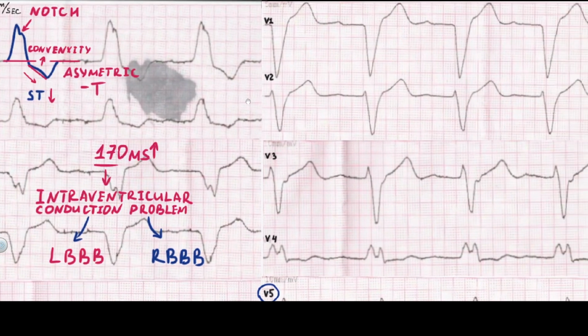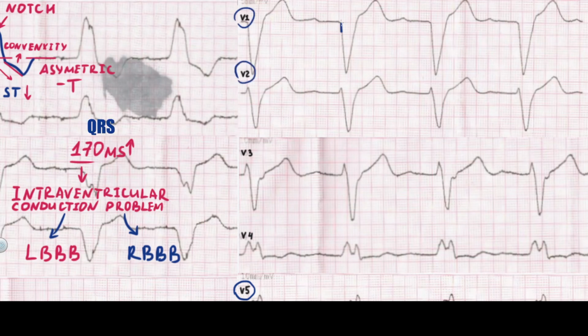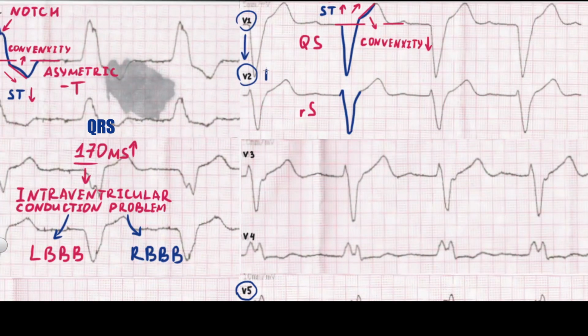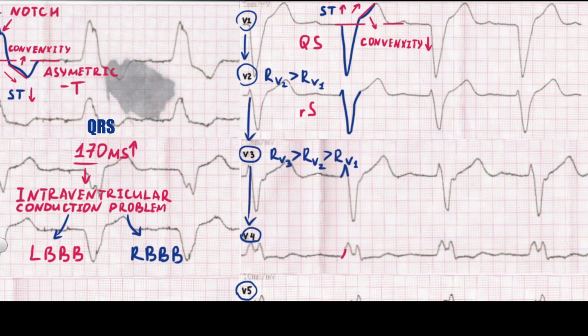Now look at the right leads V1, V2. In these leads, QRS has a QS or RS form, which is followed by ascending ST segment elevation with down-oriented convexity. Amplitude of R waves rises from V1 to V4, when R becomes wide and notched.